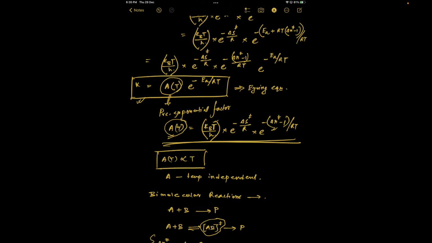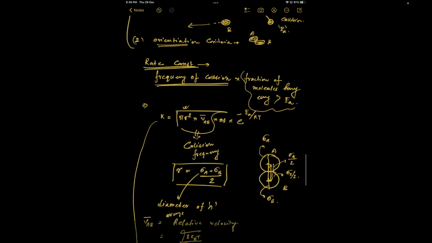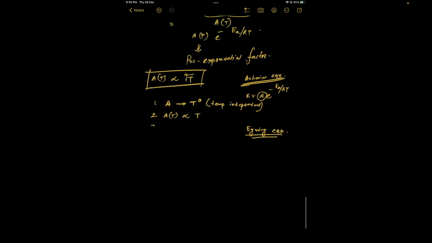So from the Eyring equation, the pre-exponential factor is temperature dependent and is proportional to temperature.